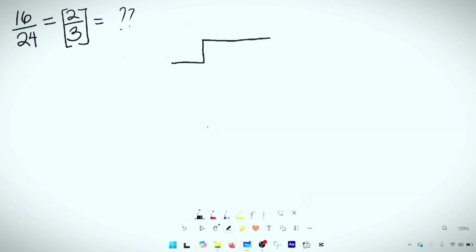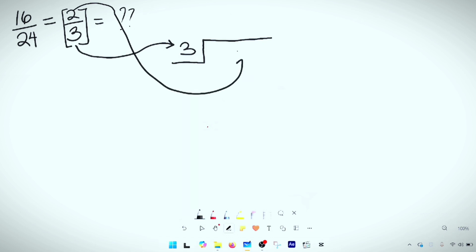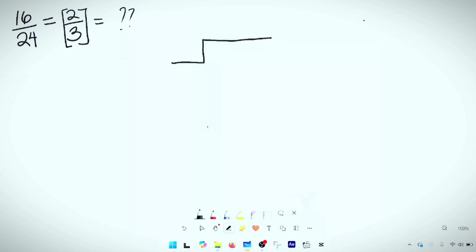The denominator 3 will come here, and the 2 will go inside. Put the 2 here. That's how it works. So at every point, you should know where 3 belongs. The denominator comes out, which is 3, and the numerator goes in, which is 2.